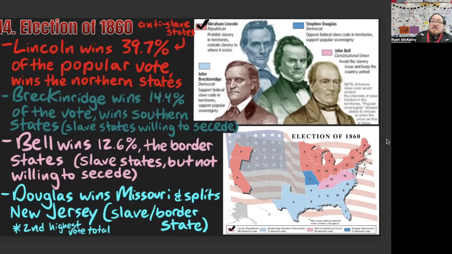Because again, our system is not designed to be entirely democratic. It's a little bit messed up. But Lincoln gets more than half the electoral votes, which means he is going to be president. And so you have from November until March when he will become president, and the Union is going to fall apart in the meantime, while Buchanan sits back and does nothing.